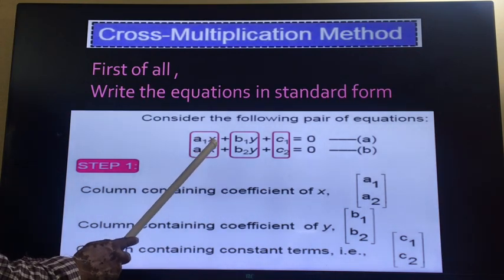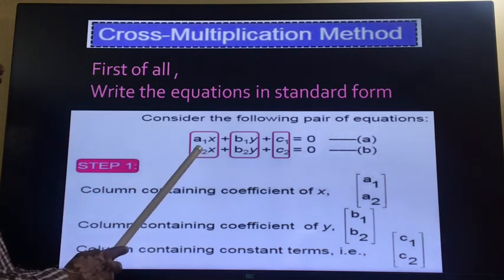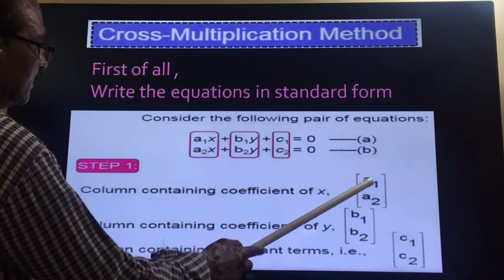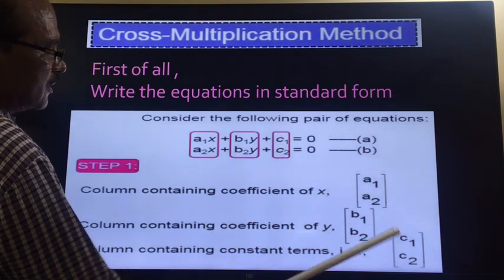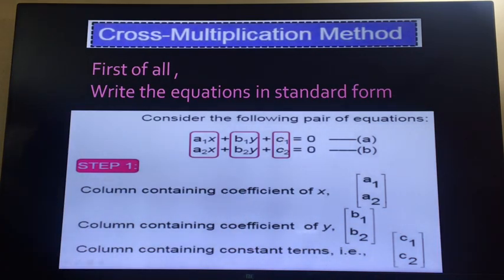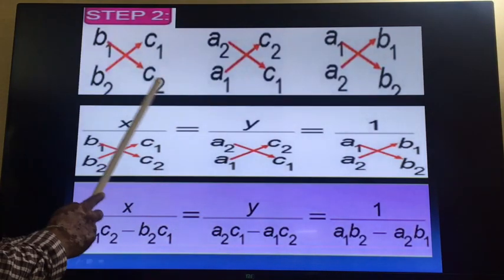So the coefficient of x is a1, and the coefficient of x in the second equation is a2. We will write the values of b1, b2, the coefficients of y, and c1, c2, the constant terms. After writing the values of a1, a2, b1, b2 and c1 and c2, we will follow this rule.